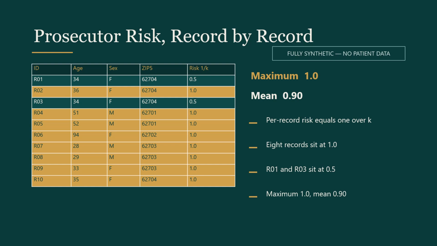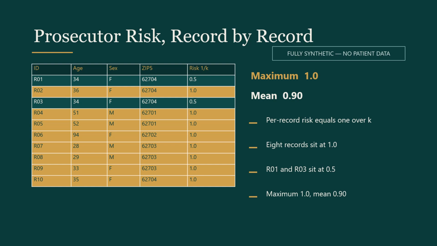R06, our 94-year-old woman in 62702, alone, 1.0. R07, 28, male, 62703, alone, 1.0. R08, 29, male, 62703, alone, 1.0.